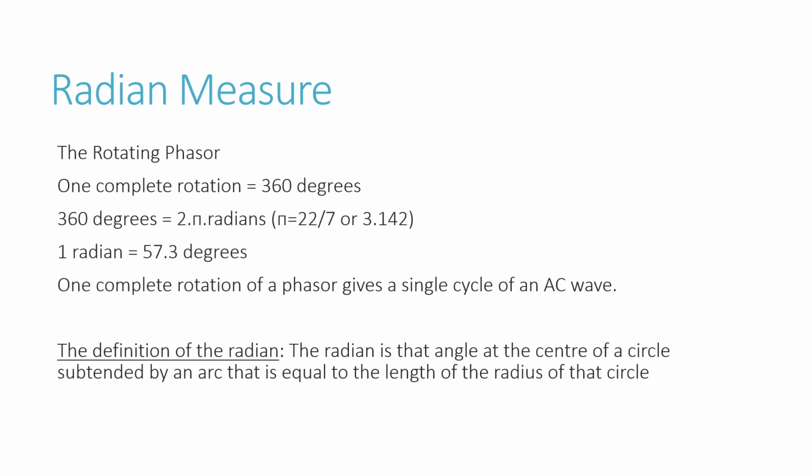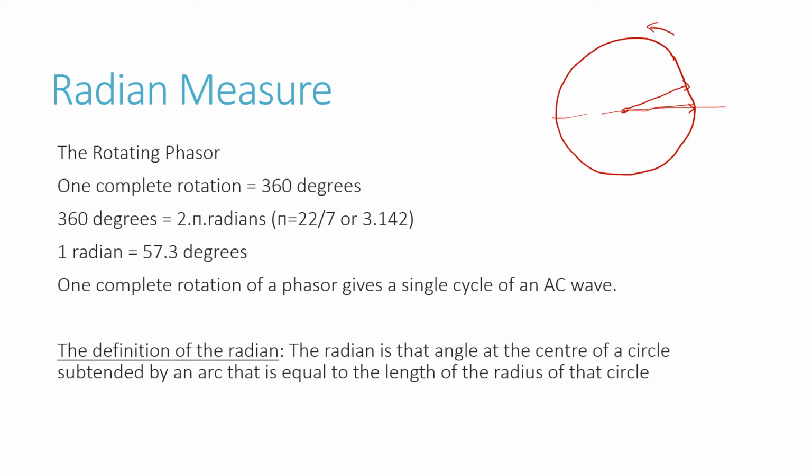So let's draw a circle, and just draw the center. We're going to have this as a horizontal line, and it's conventional to start our zero angle at this point. So the angle is 0, and we increase our angle by rotating anti-clockwise.